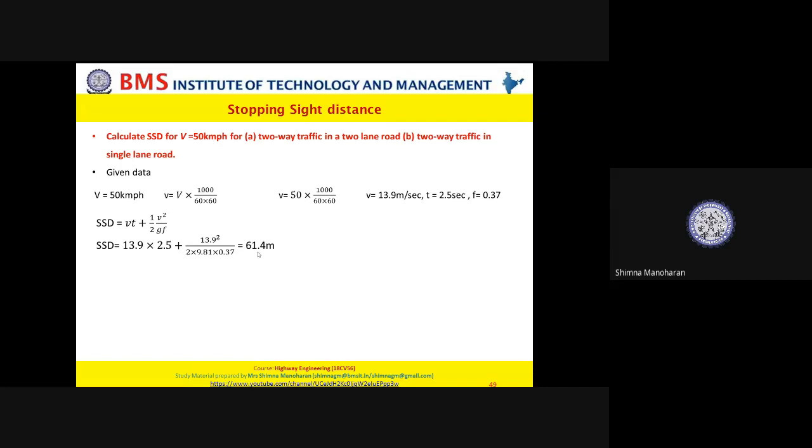Now, only for this numerical, I'll also be solving it with the kilometer per hour conversion. If you consider velocity in kilometer per hour, we directly take 0.278.